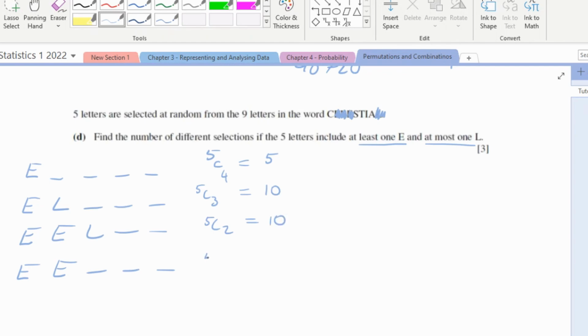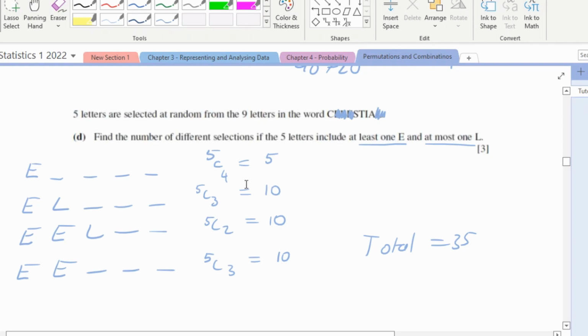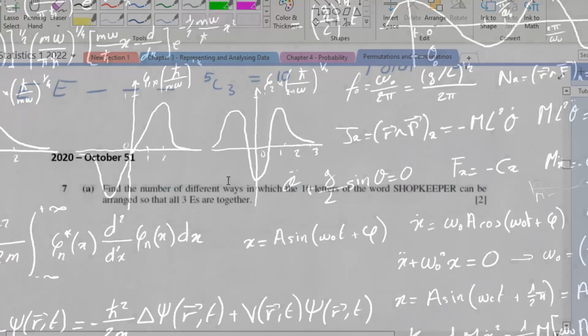And then the last one. So the total is 35. That was actually not too bad.